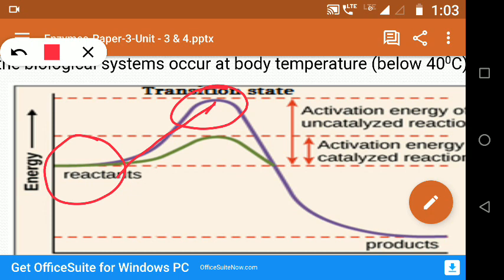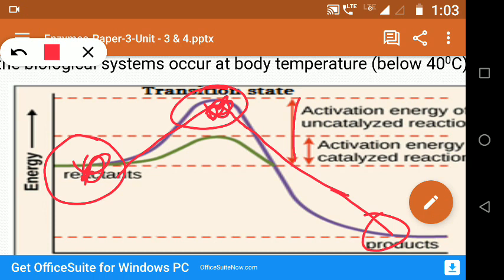Once it reaches the transition state, it is quickly converted into products. The difference between the energy level of the reactant and the transition state is known as the activation energy. So from here to here, this is called activation energy.